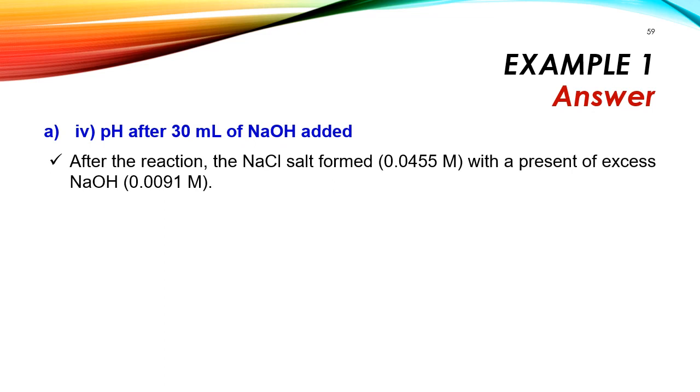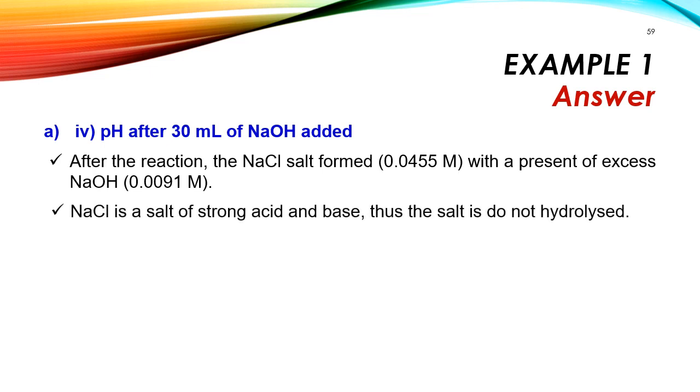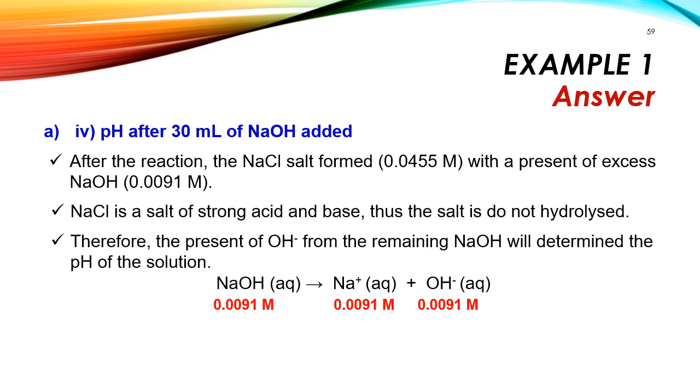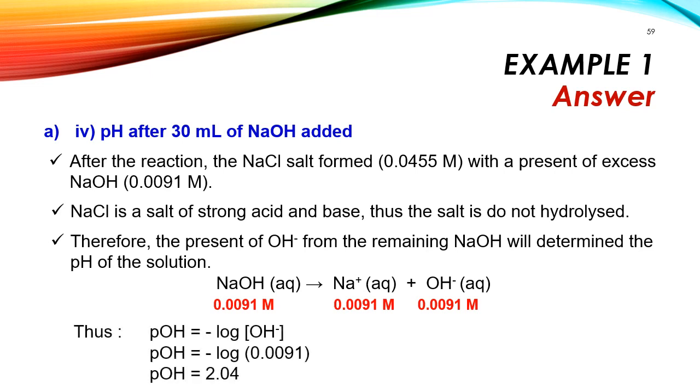After the reaction, we can observe that the sodium chloride salt is formed with the presence of excess sodium hydroxide. The sodium chloride is a salt of a strong acid and base, thus the salt does not hydrolyze. Therefore, the hydroxide ion from the remaining sodium hydroxide will determine the pH of the solution. But before that, we have to calculate the value of pOH from the base.